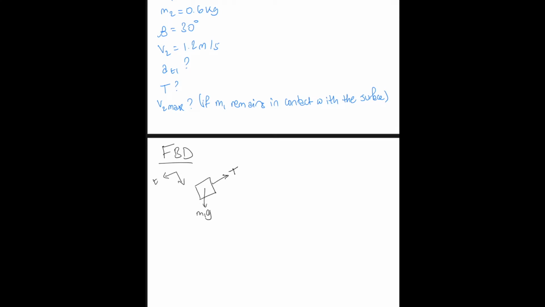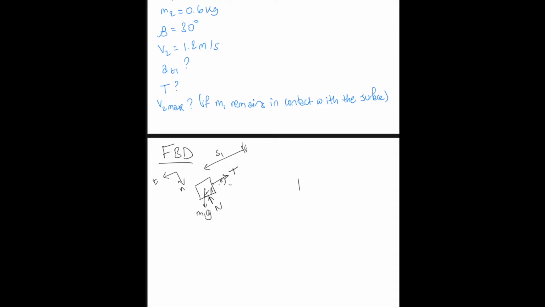We've got the tangential and the normal axes. Normal force. This is beta. This is the distance from the pulley. And this is also beta.